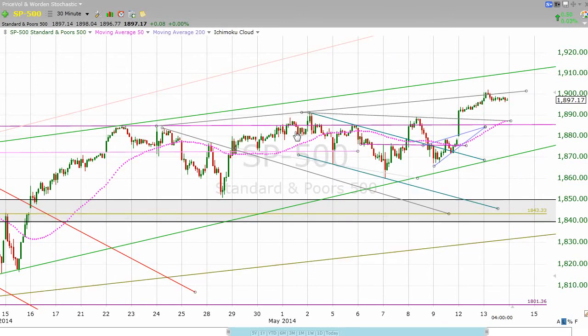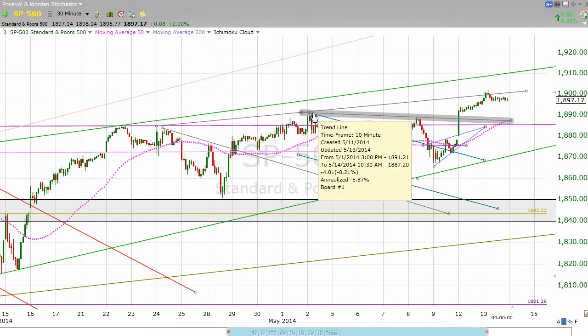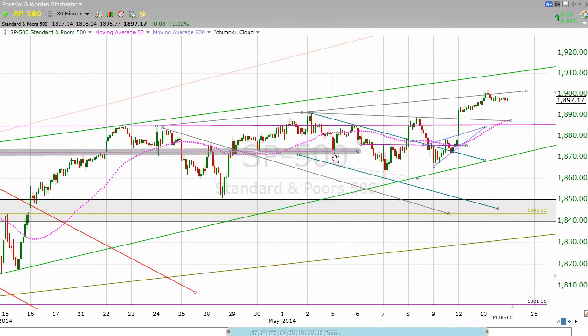We got above it briefly on the 1st of May and came back down. Then on the 2nd of May, we got over it briefly, came down fairly hard. Couldn't get over it on the 5th. Got over it briefly on the 8th. Wouldn't hold. We're over it yesterday and over it today.